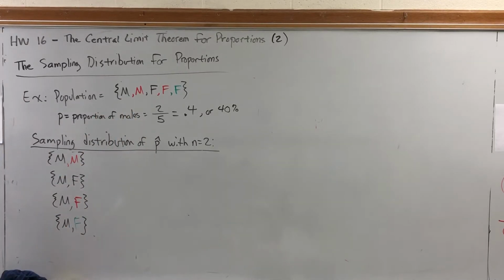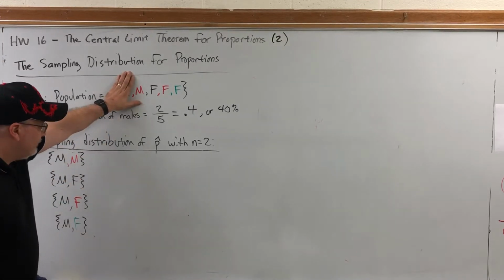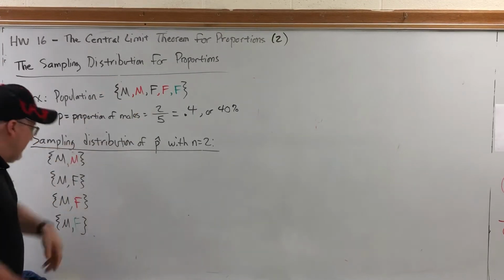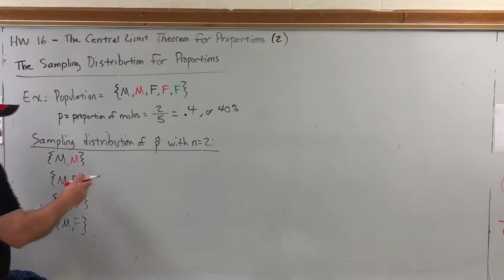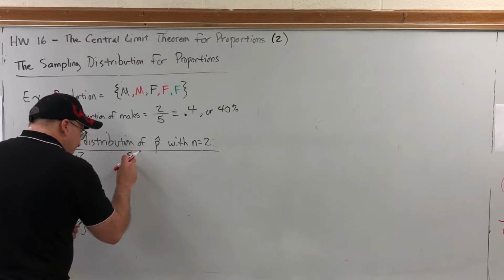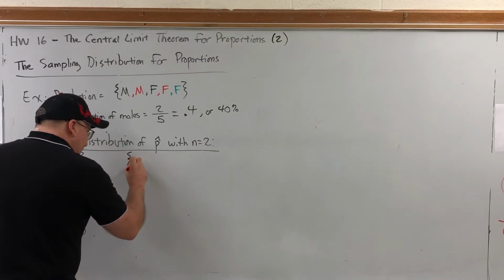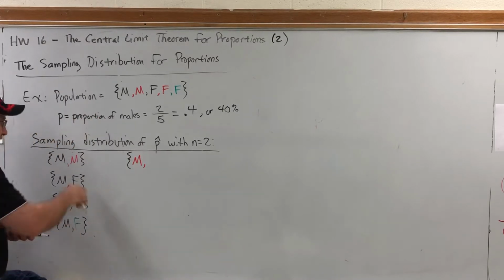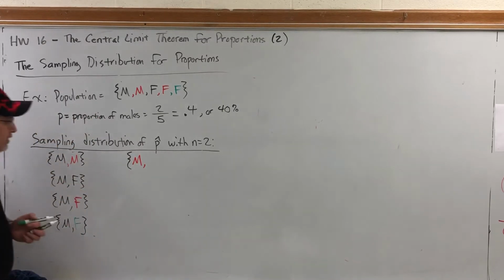So now let's look for samples that contain anything but the black male. So let's start with the red male. Let's list all the samples that contain the red male, but not the black male, because we've already got the one that contains both.